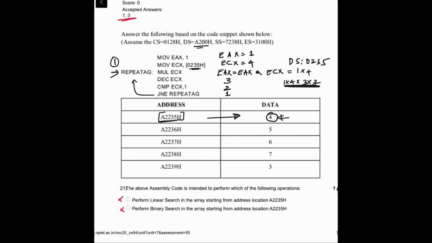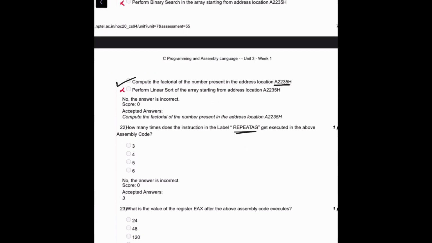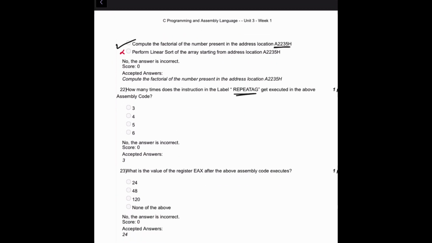The first time when ECX is equal to 4, you come here. When ECX is 3, you go back. When it is 2, again you go back. When it is 1, you do not go back. So in total we have 3 times, right? So 3 is the right answer.